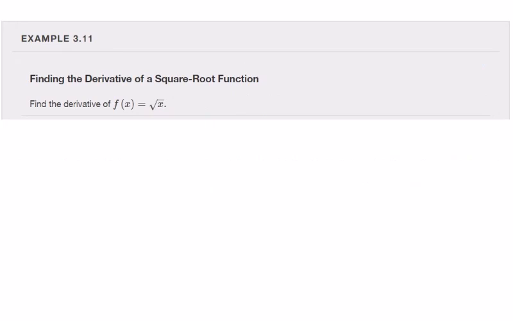All right, so let's actually find the derivative here using the formula we just saw. I want to find f prime of x, so I want to find the derivative. And I know that for f prime of x, the formula is the limit as h approaches 0 of f of x plus h minus f of x all over h.